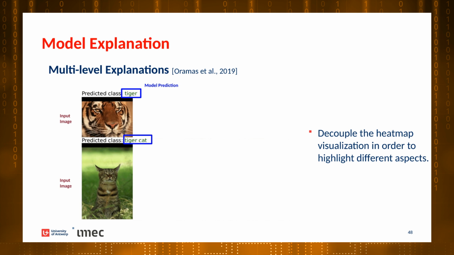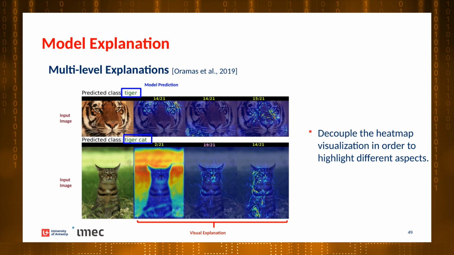Then for each of those classes, tiger and tiger cat, we will look for the features that were identified as most relevant in the previous step, and do visualizations of the top 3 features with the highest activations. And that will give us this result here, where we see that for the tiger, some features around the eyes, the mustache, and the nose seem to be important.